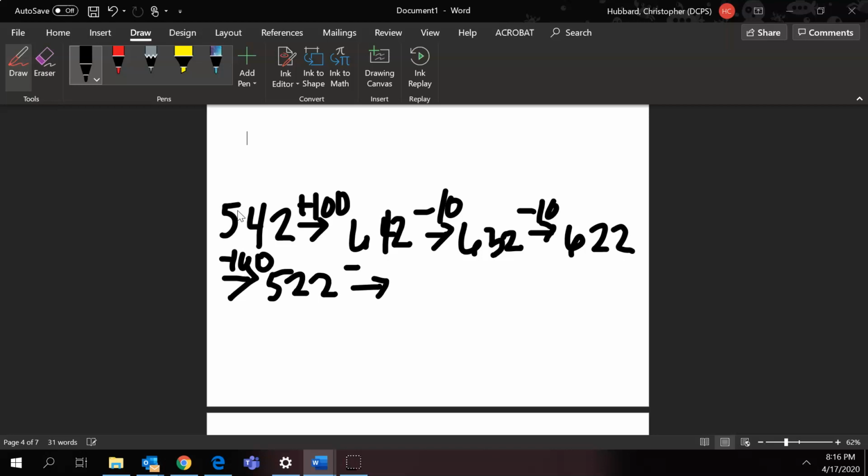Minus 100. 422. In the last module, we used this simplifying strategy and we called it what?